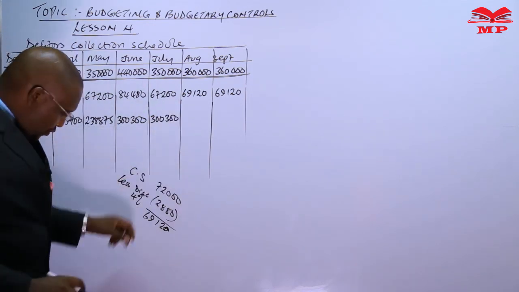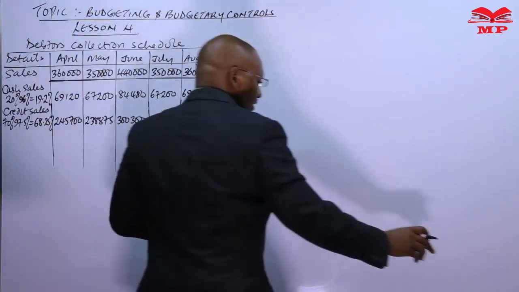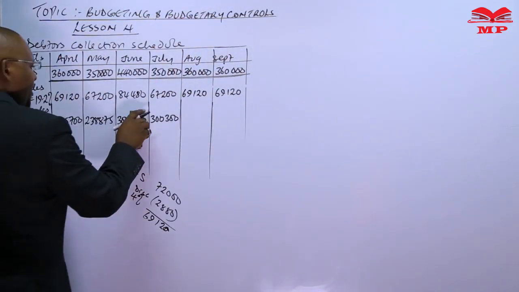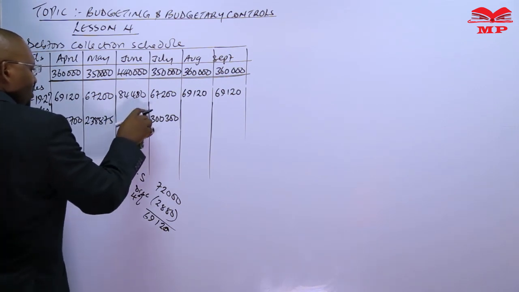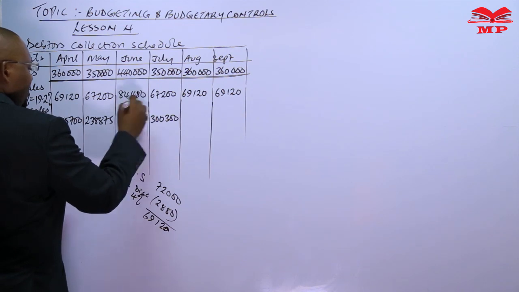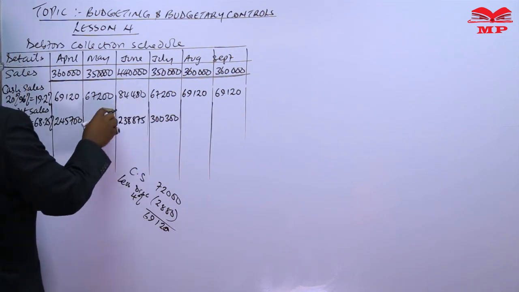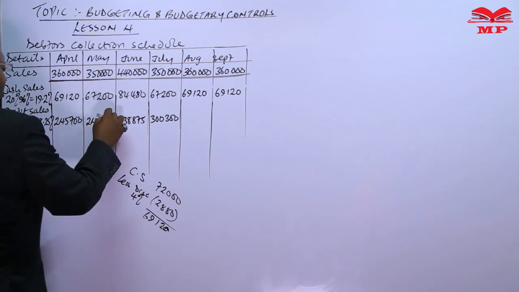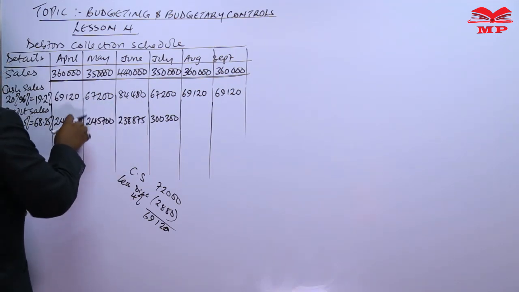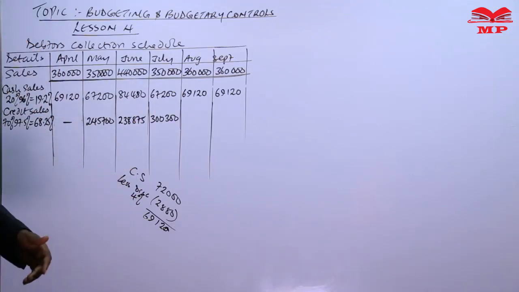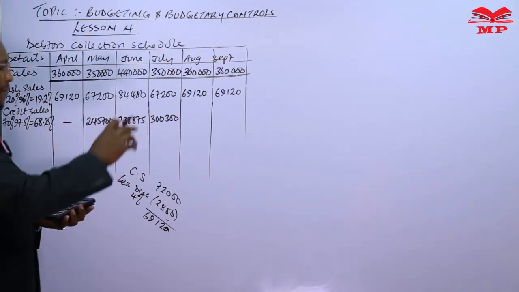So that now we can have the collection of the sales in May received here, which is 238,875, and the collection for the month of April is in May, which is 245,700. So therefore this will be dash. So we are collecting the following month, but not the same month. So we are pushing 1 month because we are collecting 1 month later.